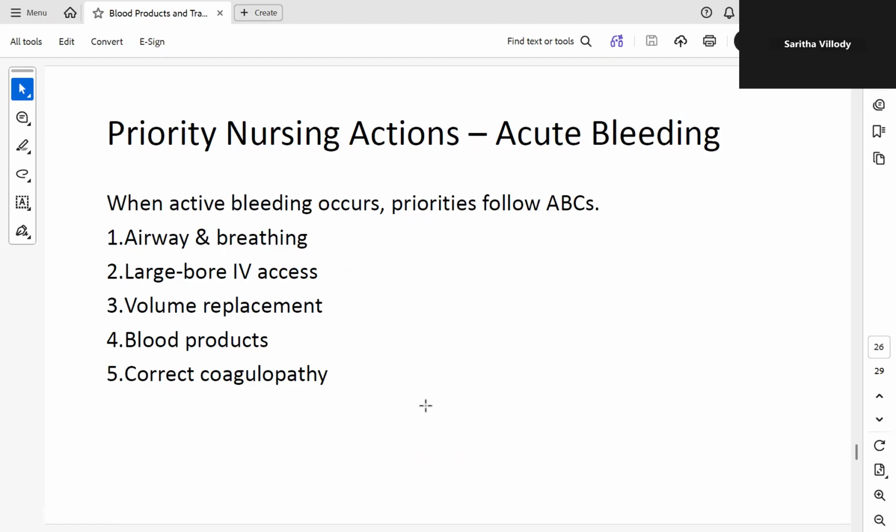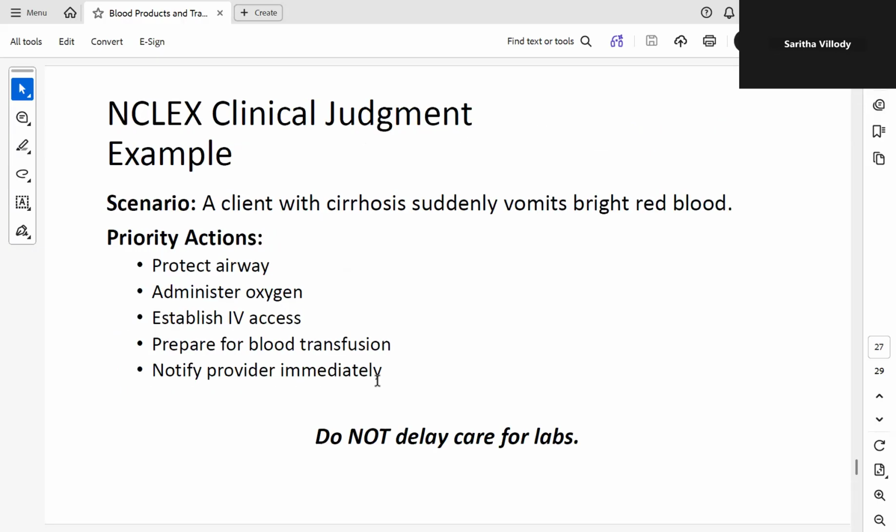So again, priority actions, always airway, breathing, circulation. So airway and breathing is good. Large bore IV access, volume replacement, and correcting the coagulopathies. Some other blood products might be required in this case if they are developing coagulopathies, like fibrinogen or highly concentrated products are used.